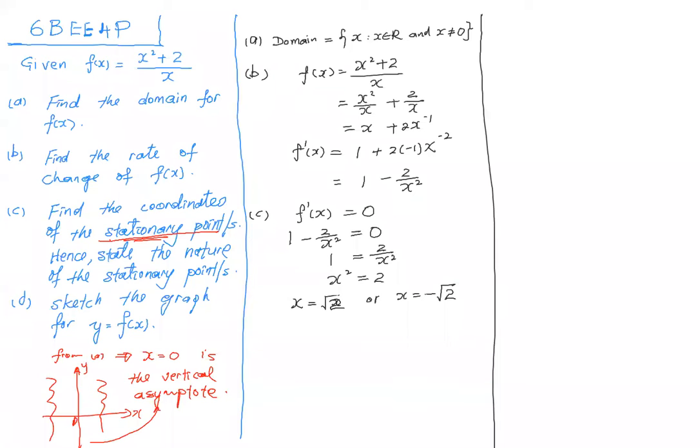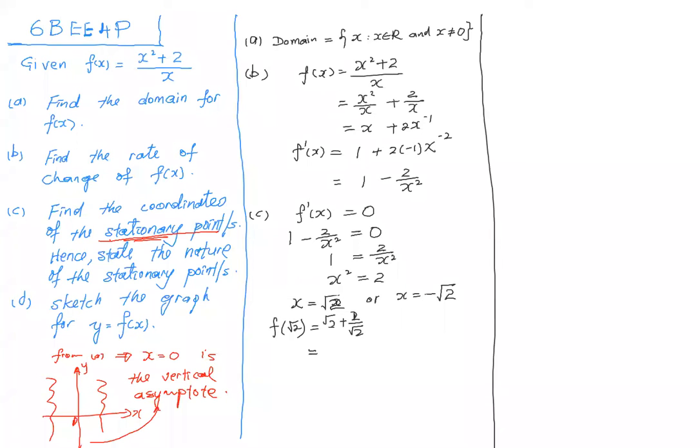Yeah, after you got your x, then you have to find your y, correct? Because they want the coordinates of the stationary point. So I have to substitute into my f(x), with x equals root 2. So you will have root 2 plus 2 over root 2. Okay, how am I going to simplify this?